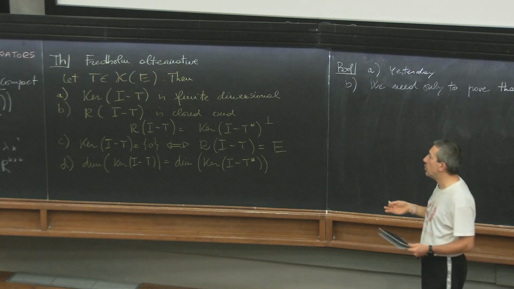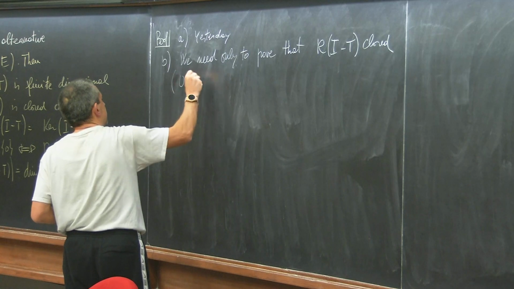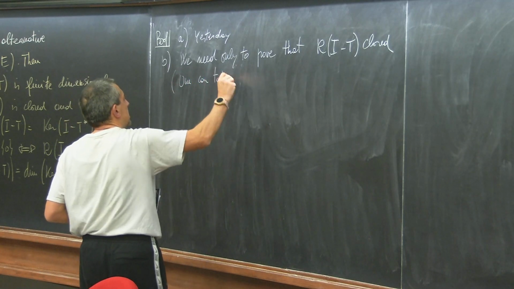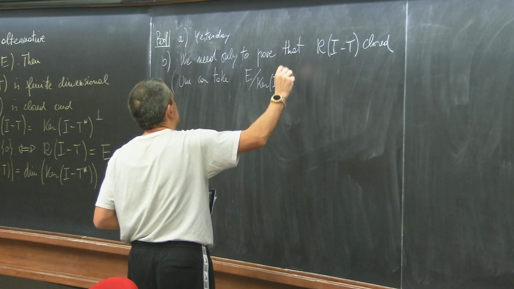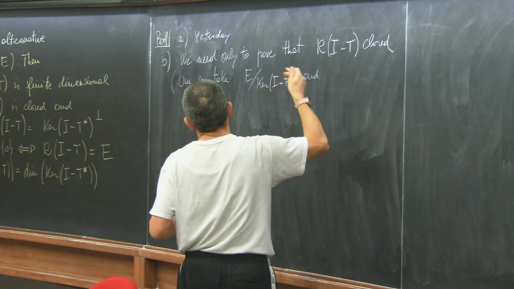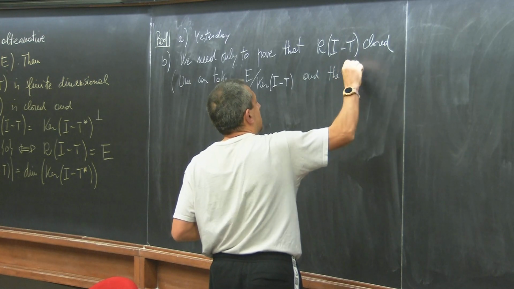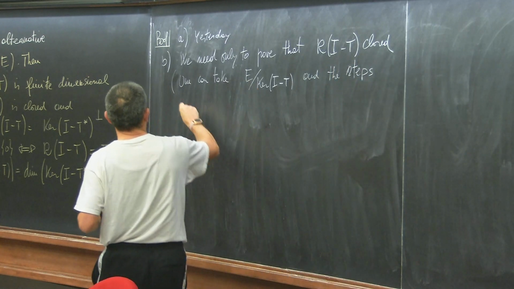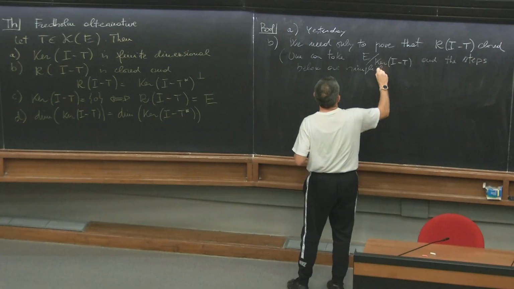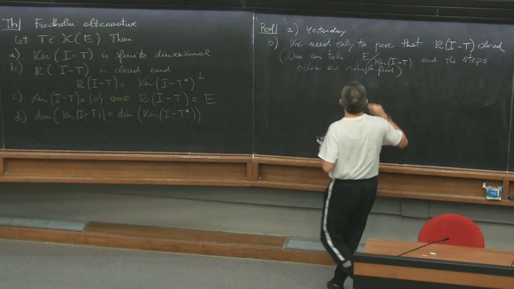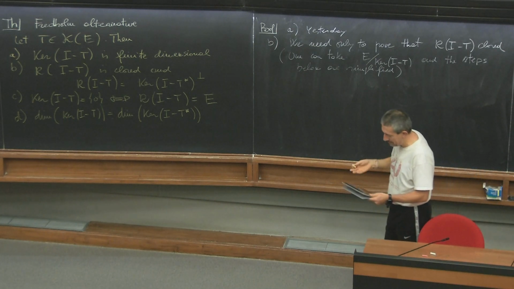I suggest you show, I don't know if in the exercise, I did not check, but one can show that E over the kernel, and a lot of steps, and the steps below are simplified. Okay, this is a comment. If you want to do that, I strongly suggest it, because some parts are simplified.